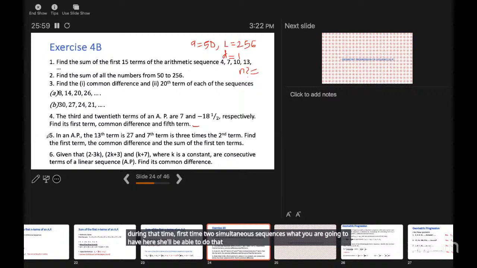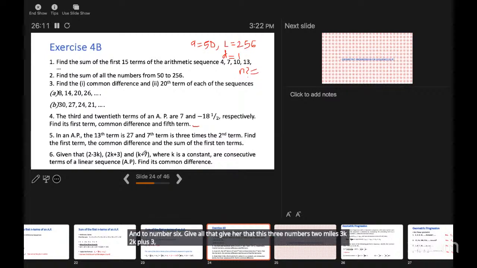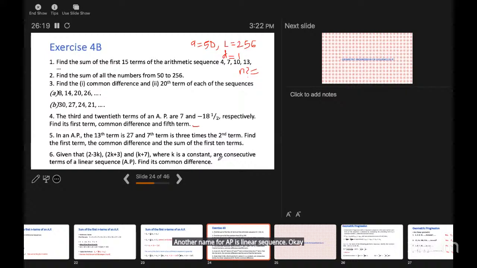The same thing for number 5 and number 6. Given that these 3 numbers, 2 minus 3k, 2k plus 3, k plus 7, are consecutive terms of a linear sequence (another name for AP is linear sequence), find its common difference.